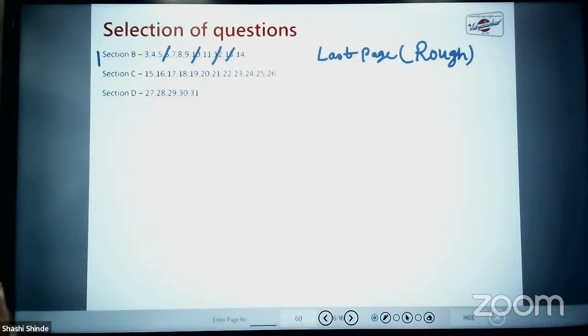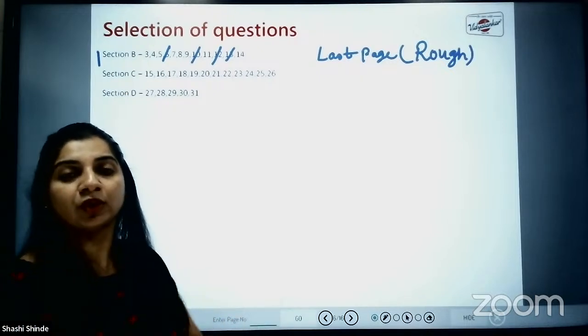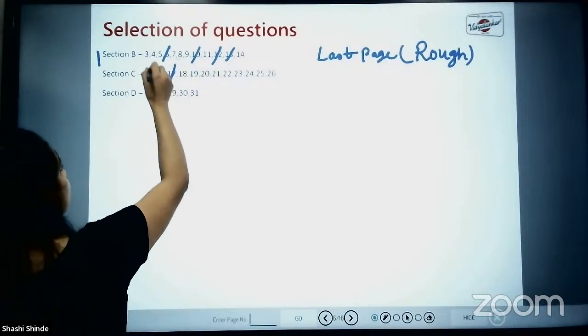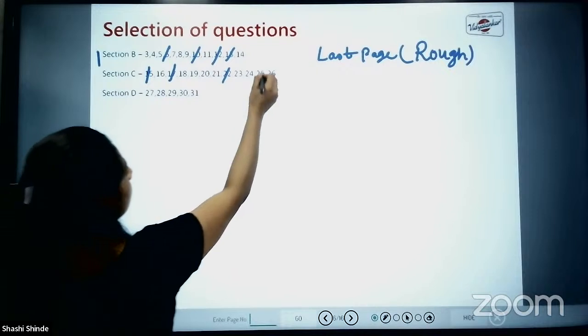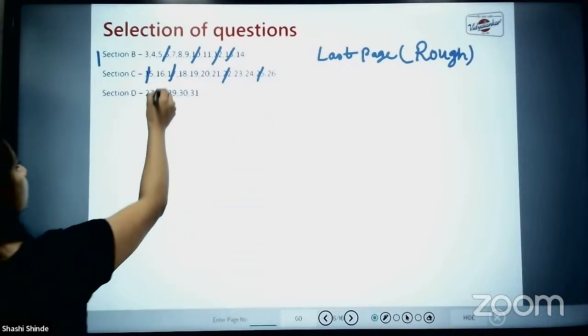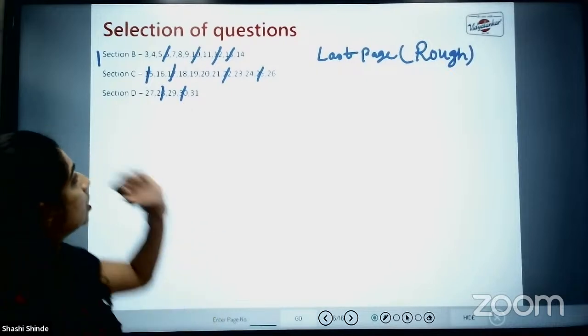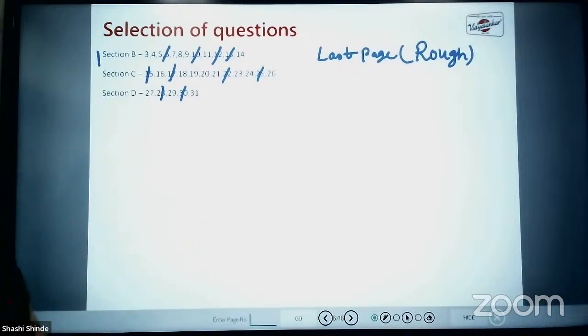So initially only, you have to decide which questions you are keeping for the option. Then in section C also, you will first select which questions you are going to solve. Fine. So these are certain questions which I am going to keep for the option. Is that clear? So first you select the questions, then these will be considered as options.